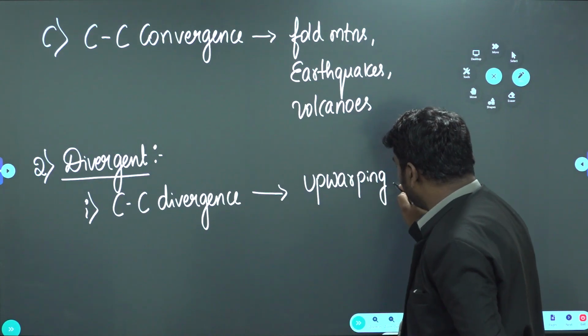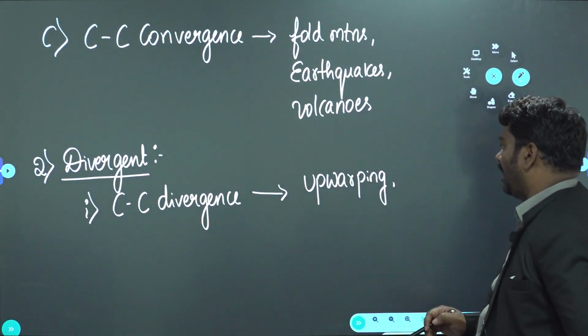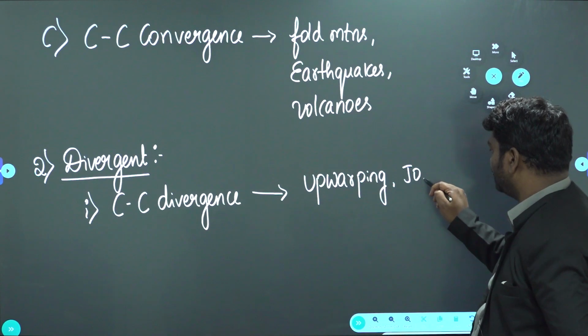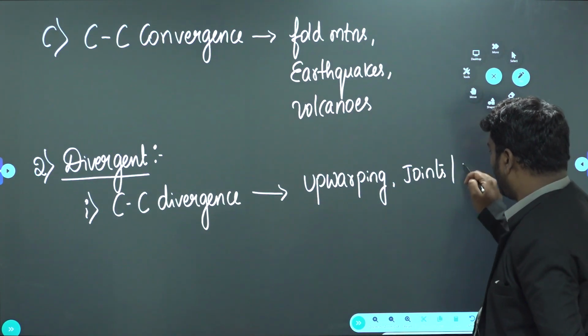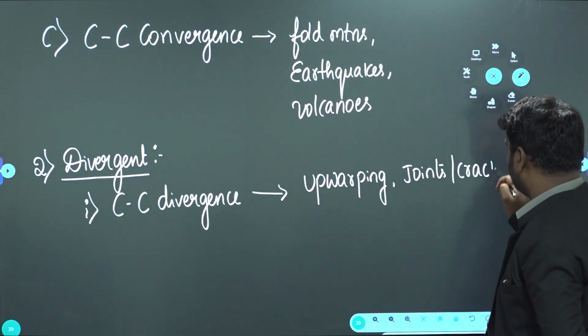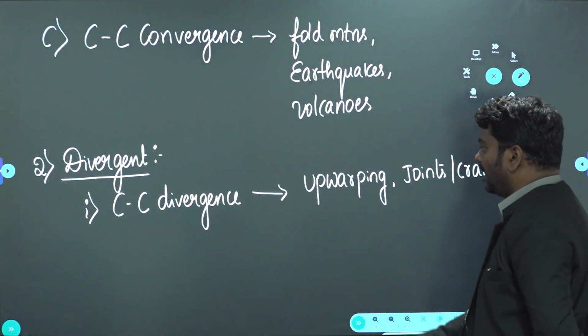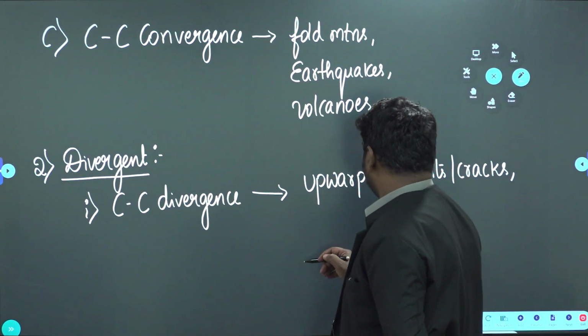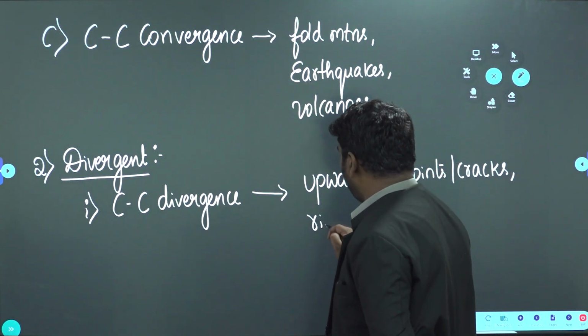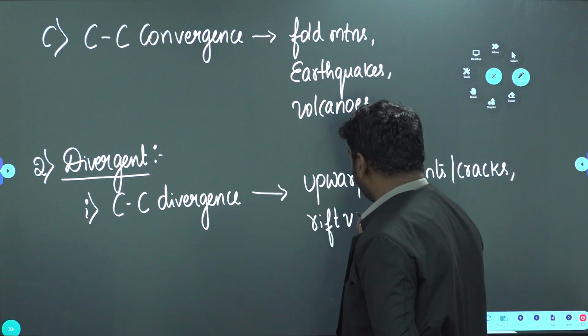That means upward folding. After that, you will have joints or cracks. After that, you will have rift valley being formed.